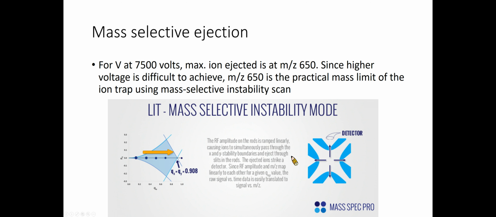As mass to charge ratio is dependent on the applied RF voltage, the practical limit of RF voltage around 7,500 volts sets the practical mass limit of the ion trap at a mass to charge ratio of 650 using the mass selective instability scan.